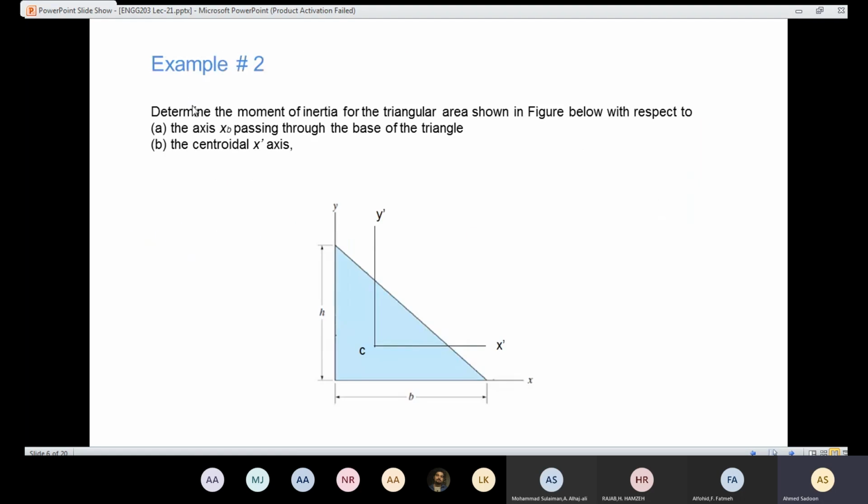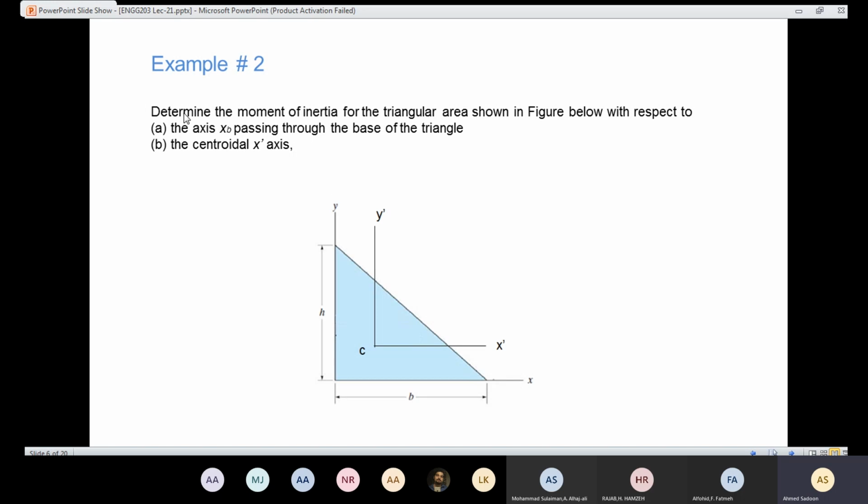See example 2. In example 2, we have a triangular area. We have the width and the height here. And it's required to determine the moment of inertia. First, we need to determine the moment of inertia about the x-axis here.